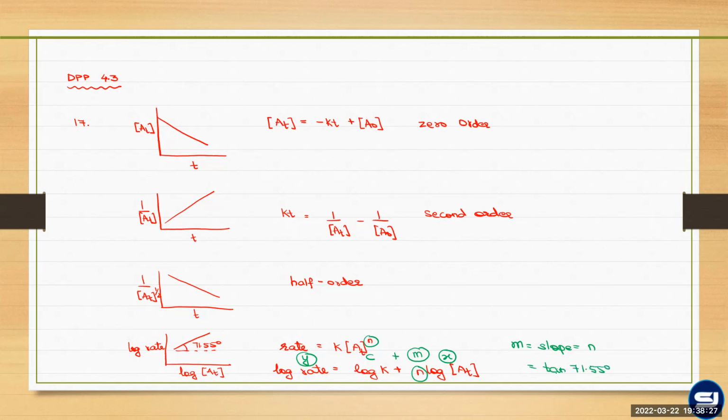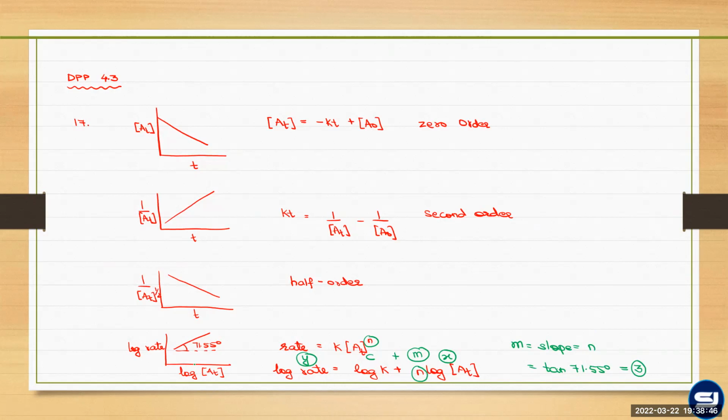Now what is tan 71.55? It is 3. So this tan 71.55 comes out to be 3, and on that basis we have this representing a third order reaction.